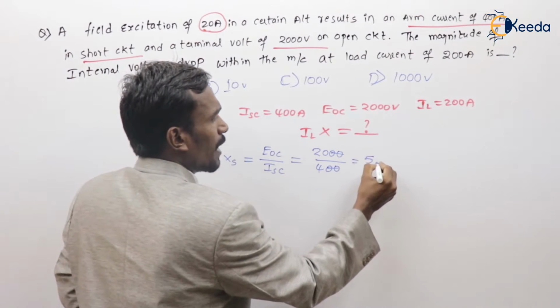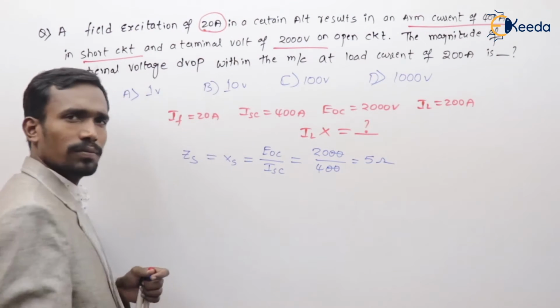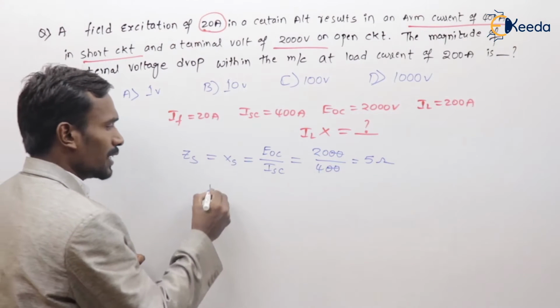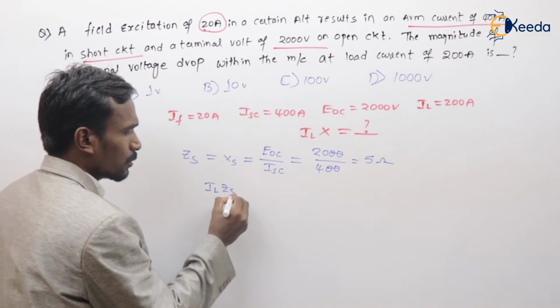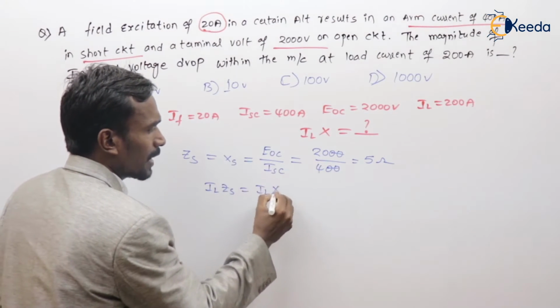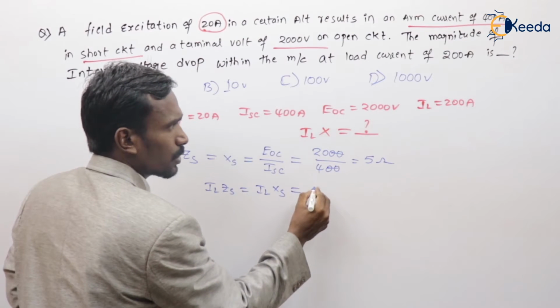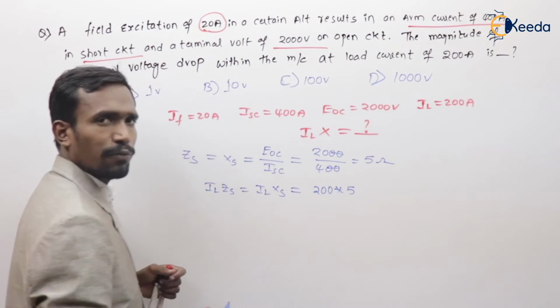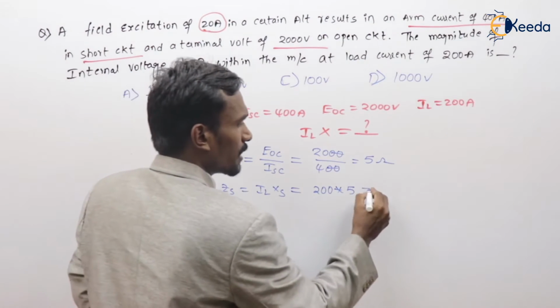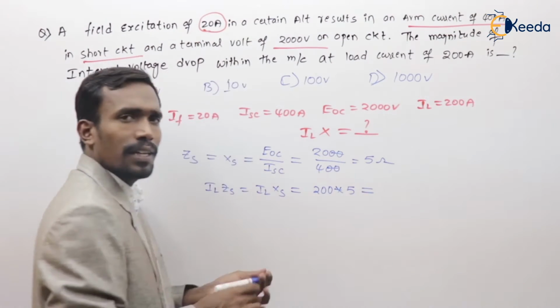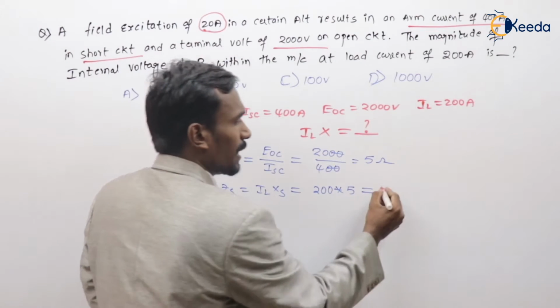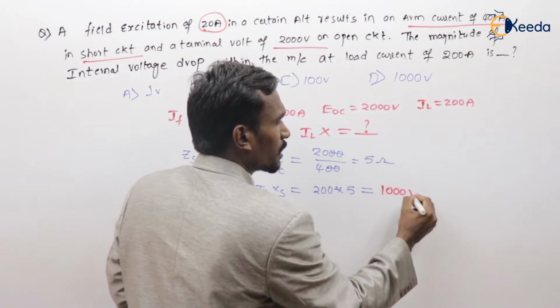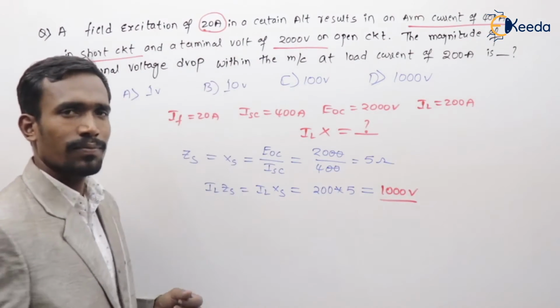So it is 5 ohms. Now the internal drop IL into ZS, or IL into XS, is equal to 200 multiplied by 5. How much is it? 200 multiplied by 5 is 1000 volts.